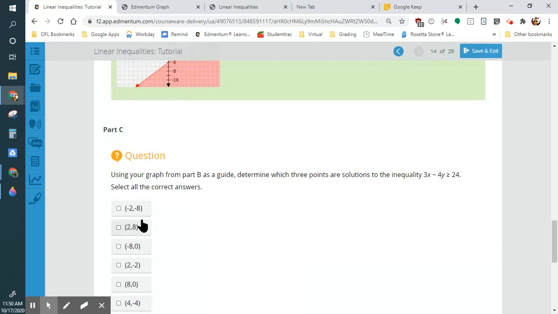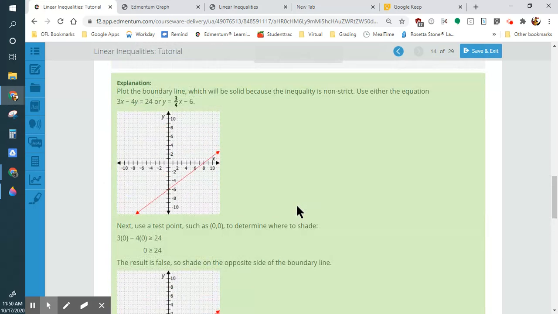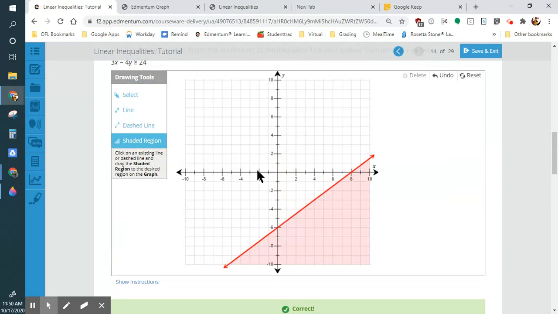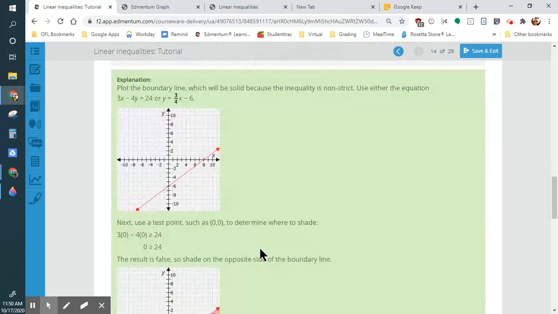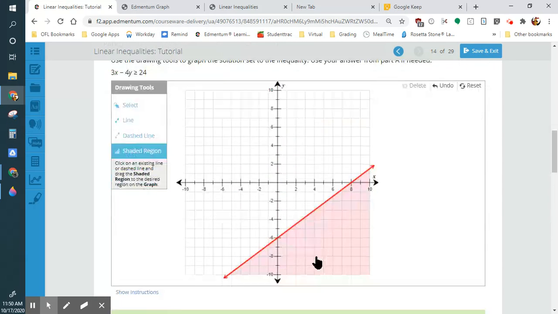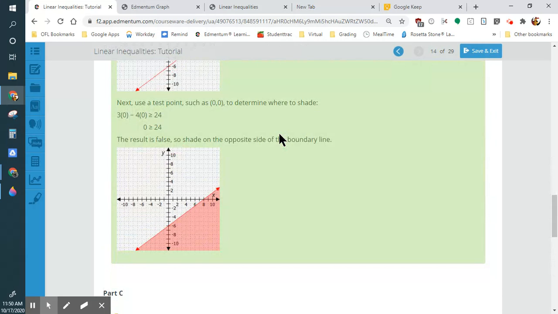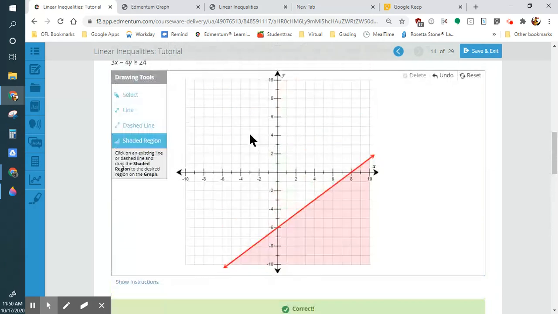Come on now. All right. So let's see here. -2 and -8, that's fine. 2 and 8, we already know that that's not good. -8 and 0, right there. Oh, -8 and 0. That's where I messed up, guys.